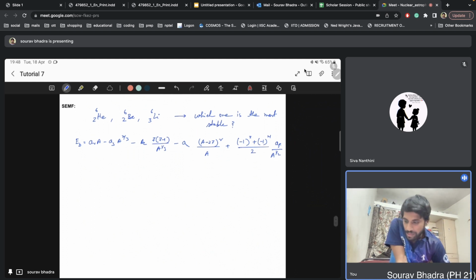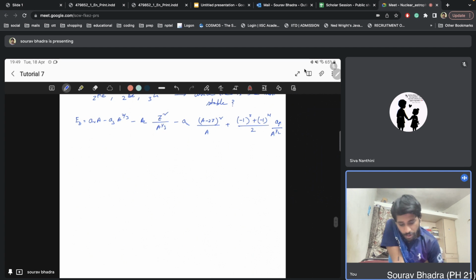So this was our semi-empirical mass formula. Now here also, as we have done in our first problem, we will approximate Z(Z minus 1) as Z square. This is the approximation. Now for the most stable nucleus, EB must be maximum.